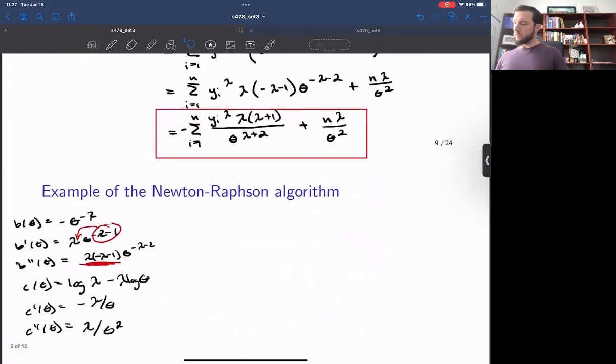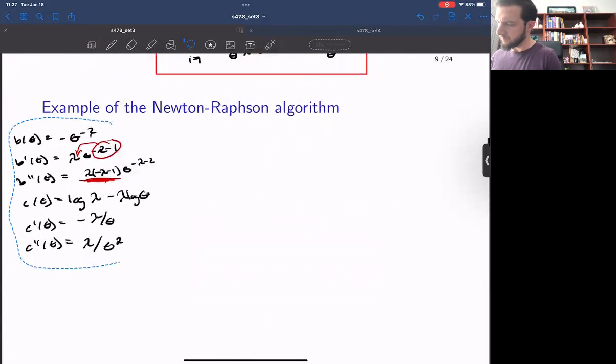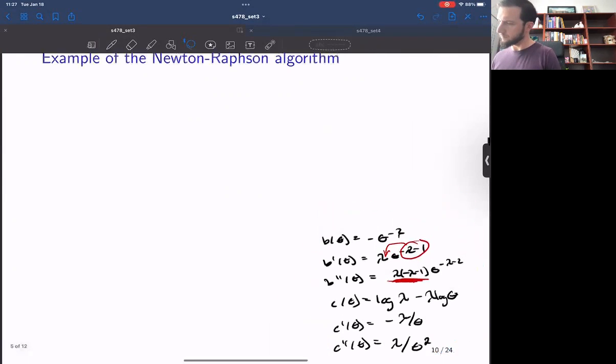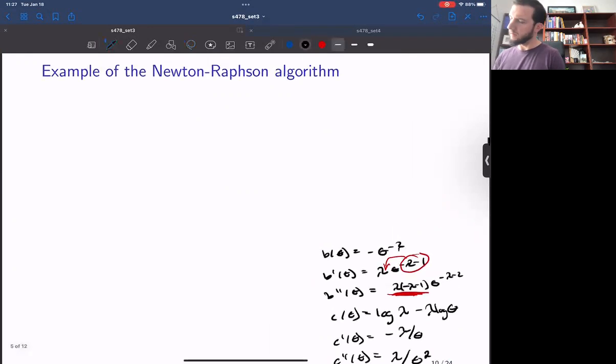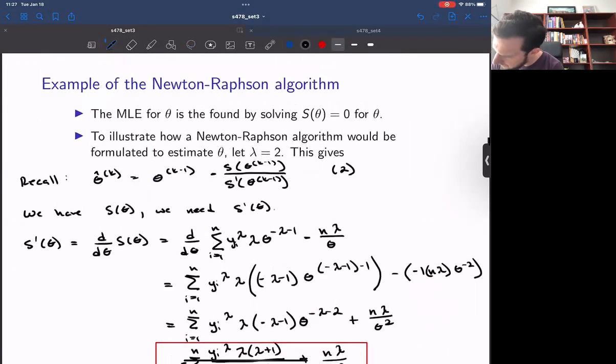Okay, so that's the first Newton-Raphson. Here's the second. Sorry, and these should be hats. Obviously, these are all functions of estimates, not the true value.